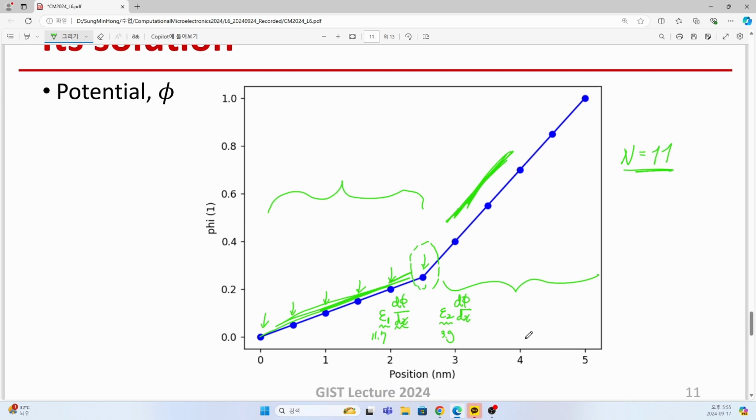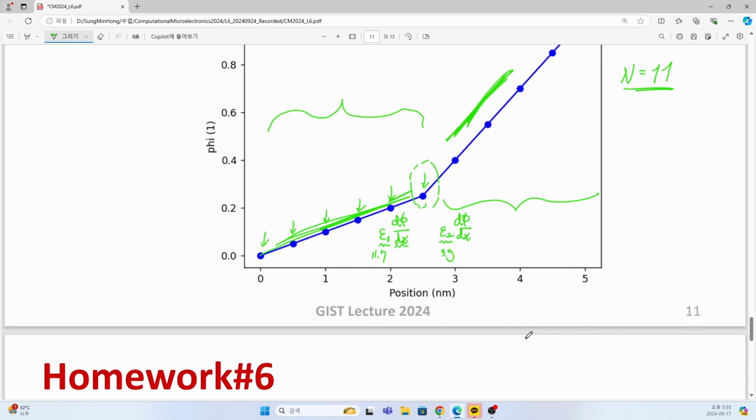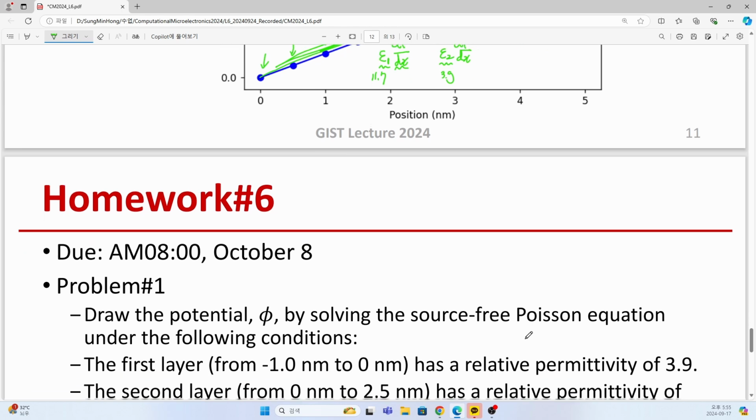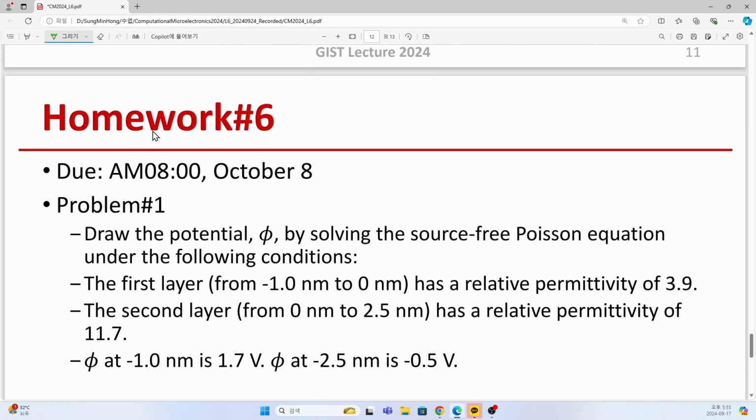Okay, so now let's go to our homework number 6. Due to my business trip, the due date of this homework number 6 is quite postponed. Also, we have a temporary public holiday this year.